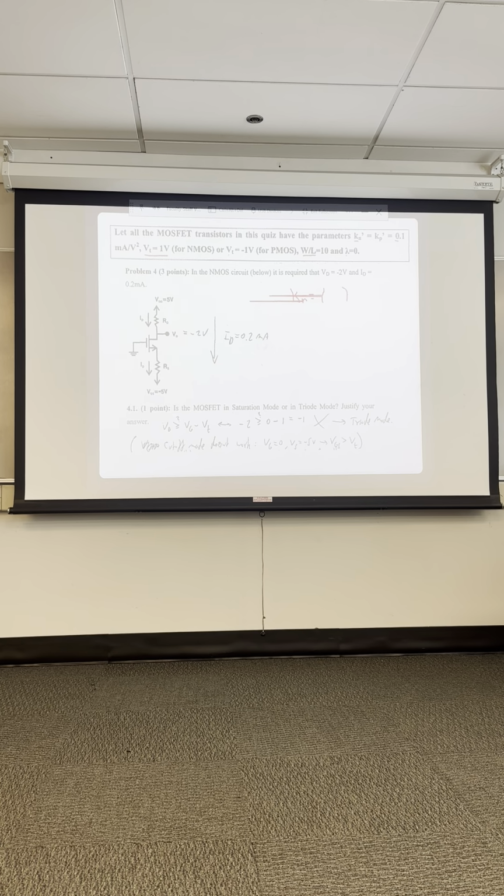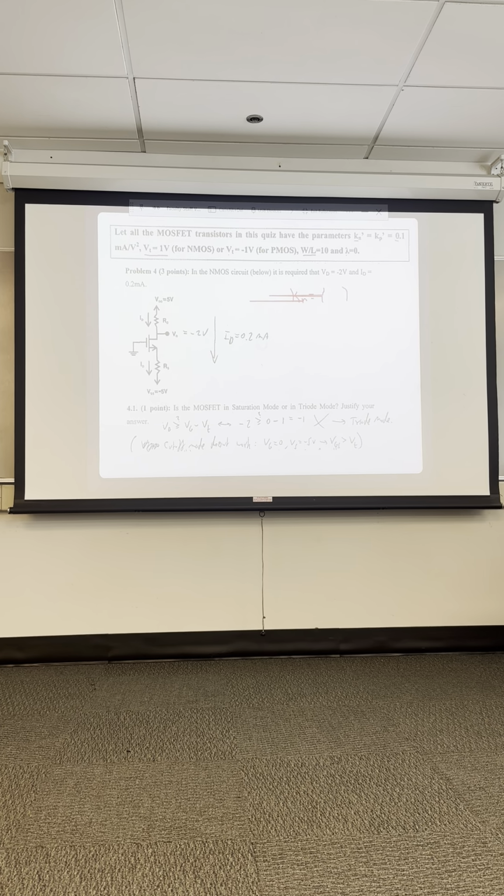It's the permeability times the capacitance of the oxide. So be aware that K sub N could be given as mu sub N times C oxide.